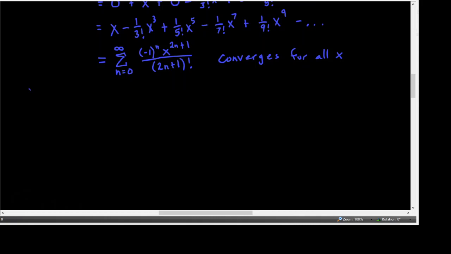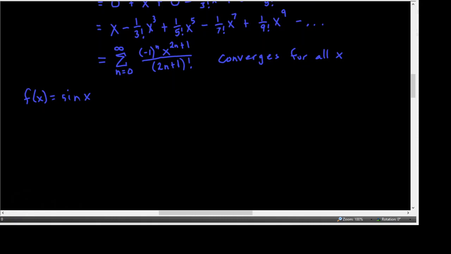We started out with f of x equals sine of x. And we found its many derivatives and substituted in c equals 0 and developed this whole series. And the disturbing part is I'm not exactly sure that that series would give me sine of x.